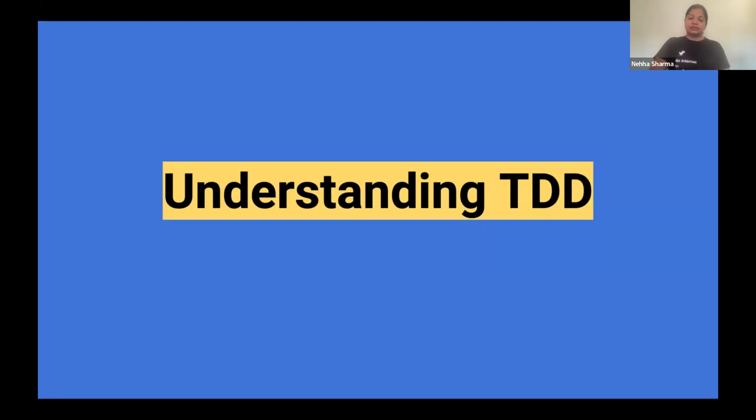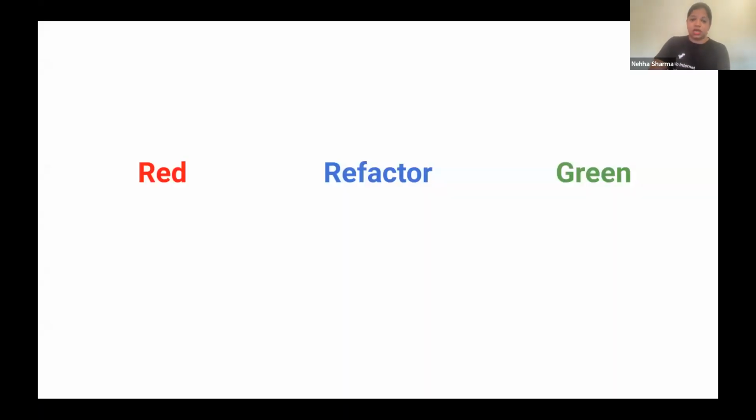Now, understanding TDD, test-driven development. In a fairyland, the happy scenario in some multiverse, ideally we should start with the test cases where everything is failing. We haven't written any code, nothing. We just know the requirement.